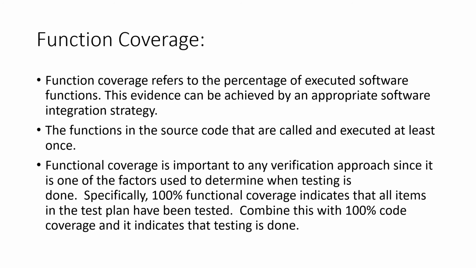Functional coverage is important to any verification approach, since it is one of the factors used to determine when testing is done. Specifically, 100% functional coverage indicates that all the items in the test plan have been tested. Combine this with 100% code coverage and it indicates that testing is done. That's the test completion criteria.